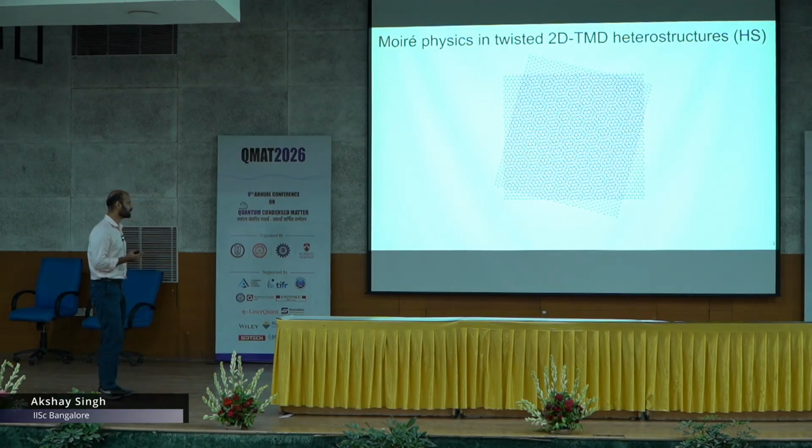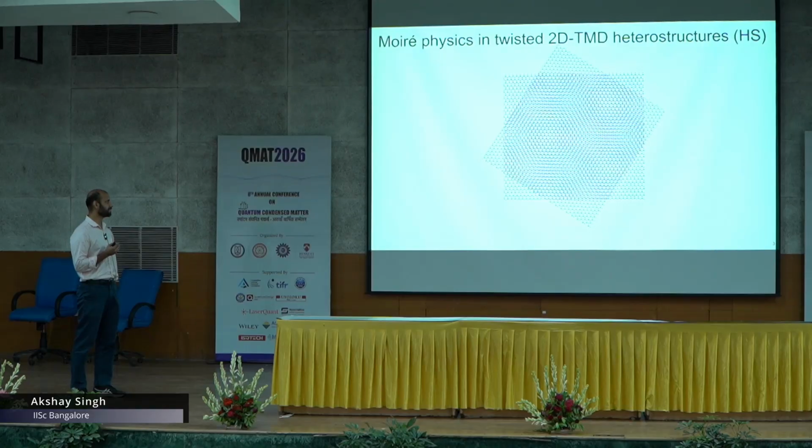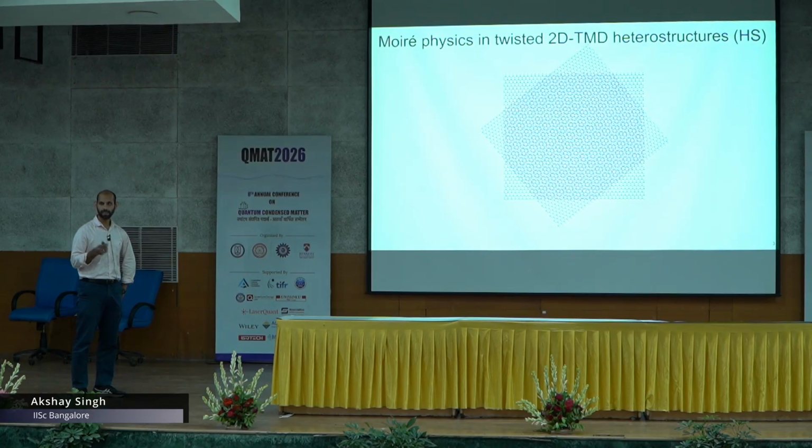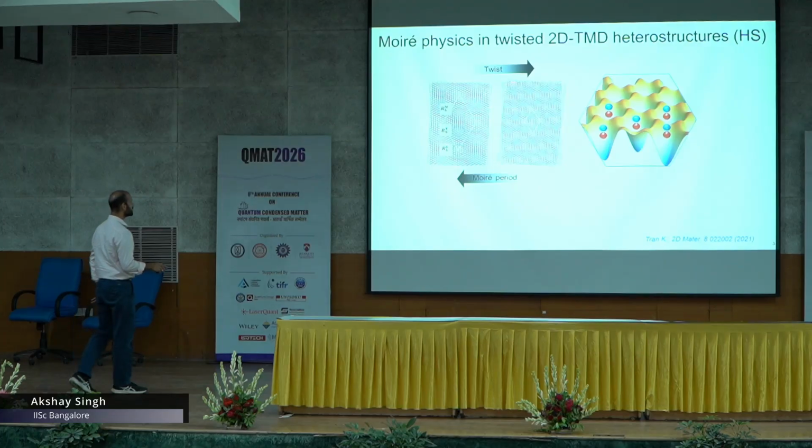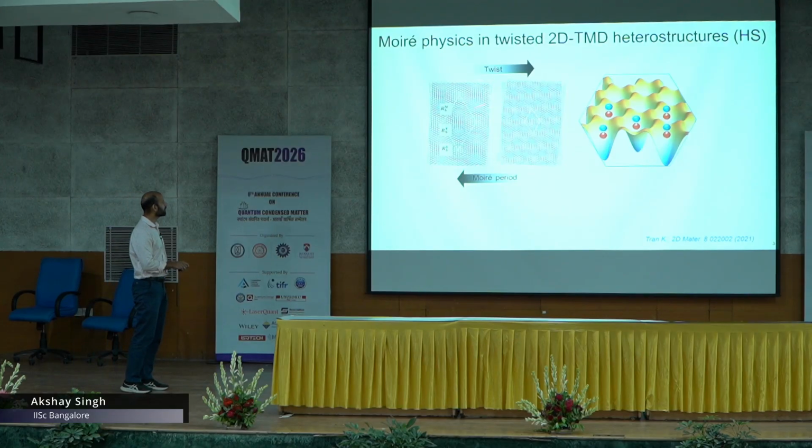One way to think about this is that the Moire acts as a magnifying glass into your lattice structure. If I freeze these frames, at higher twist angle I get smaller Moire patterns, and at smaller twist angle I get larger Moire patterns.